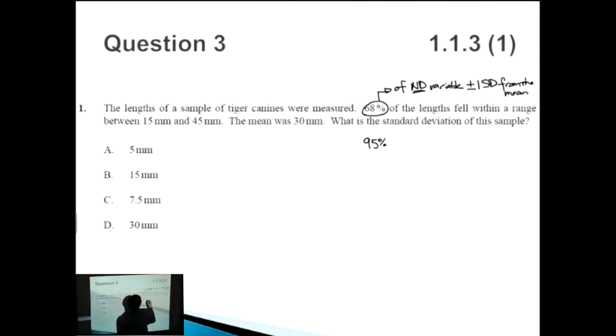Whereas for the 95% of the normally distributed variable will be plus or minus 2 standard deviations from the mean. So let's draw our graph here.